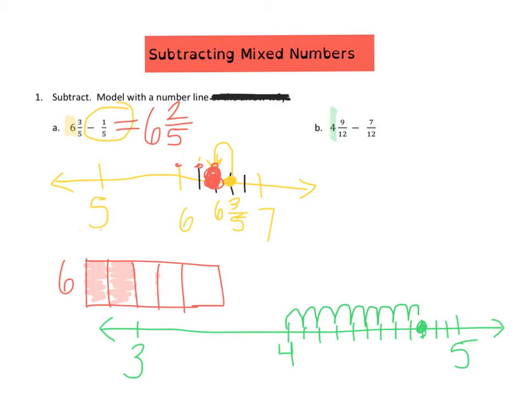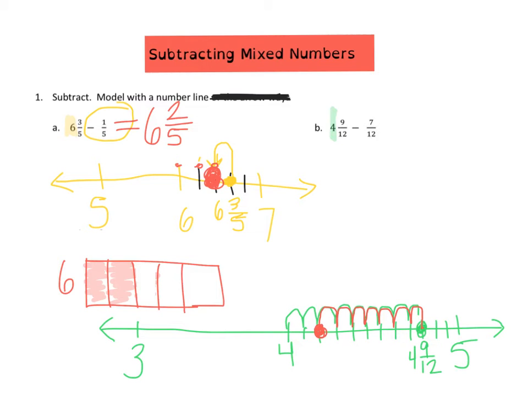That shows me right here is 4 and 9/12. I'm going to change my color because now I'm going to work on taking away 7/12. So I'm going to start at 9/12, and I'm going to count backwards. I'm going to go 1/12, 2/12, 3/12, 4/12, 5/12, 6/12. All right, I took away 7/12, and this is where my dot landed.